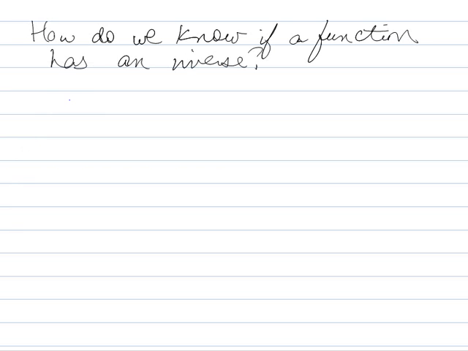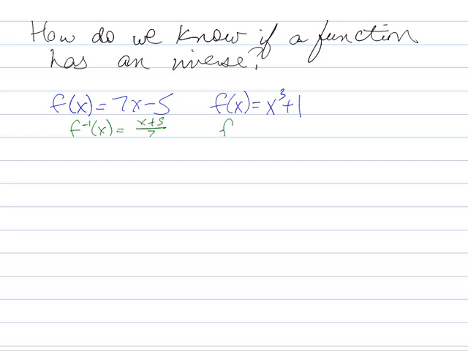So we did know that f of x was 7x minus 5. We did that in a previous example, and it had an inverse of x plus 5 over 7. We had x cubed plus 1, and that had an inverse of cube root of x minus 1.